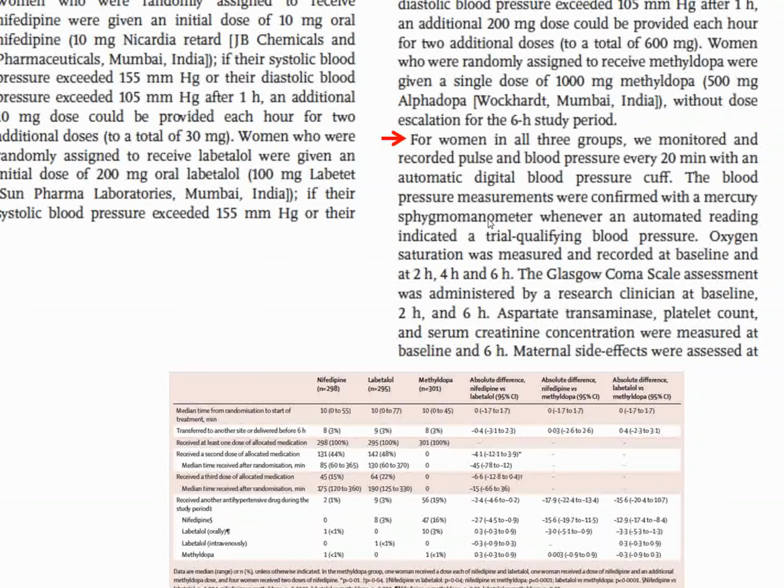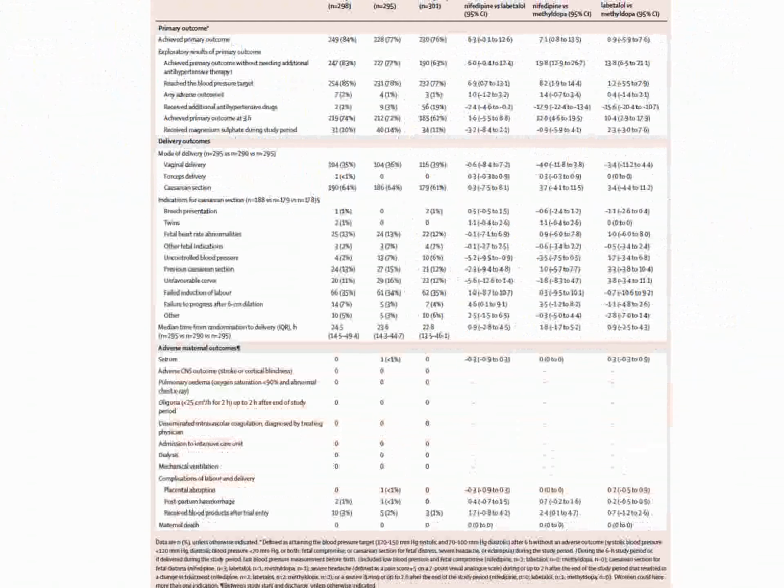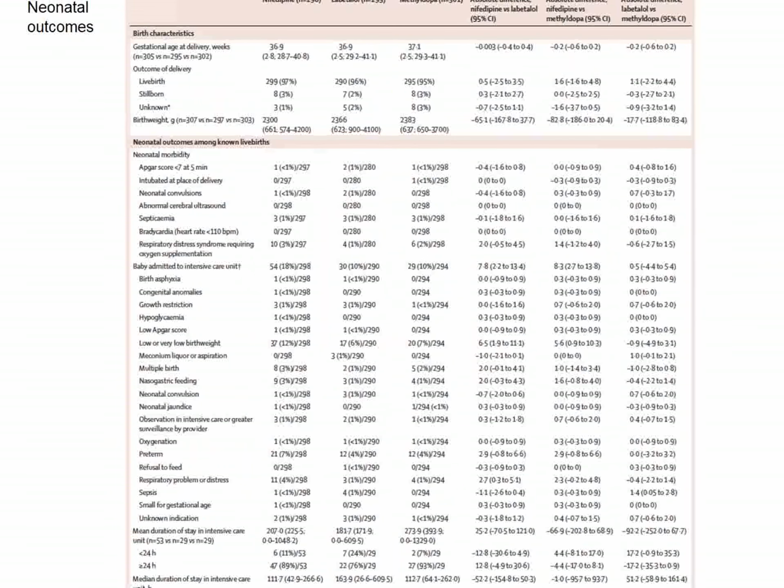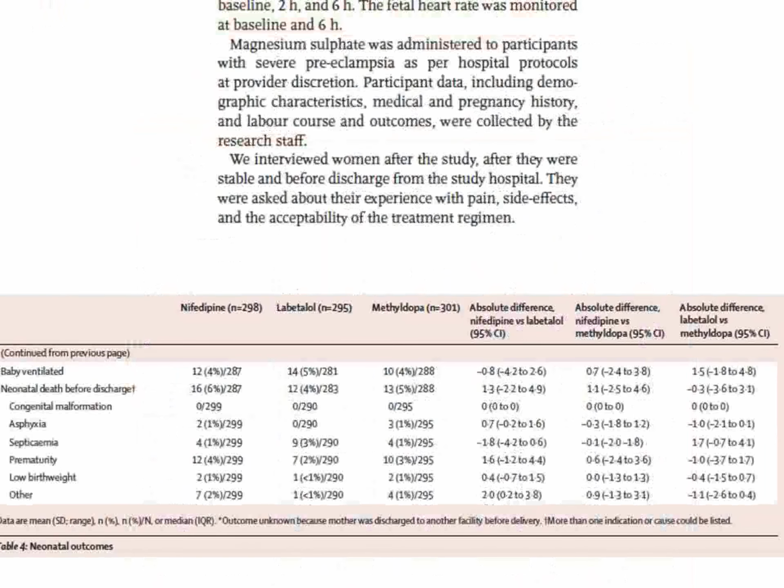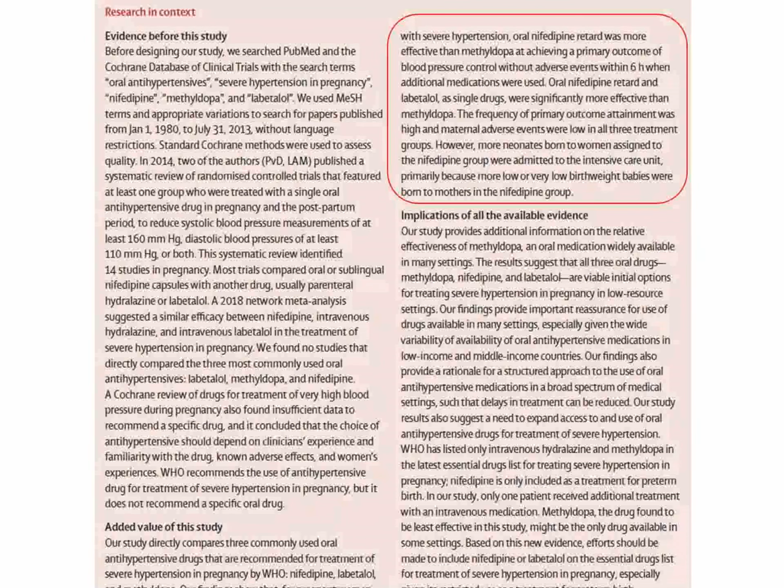Now, unfortunately, we're only confronted with tables in this study, and these tables probably won't help you very much, but blood pressure went down in all the patients to a relatively acceptable degree. The neonatal outcomes were similar in the three groups. And you're probably wondering also whether or not the babies had to be ventilated, or neonatal death, or septicemia, prematurity, etc. So basically what came out in this study is long-acting nifedipine was best in terms of lowering blood pressure.